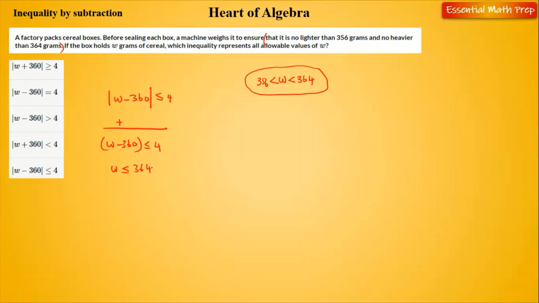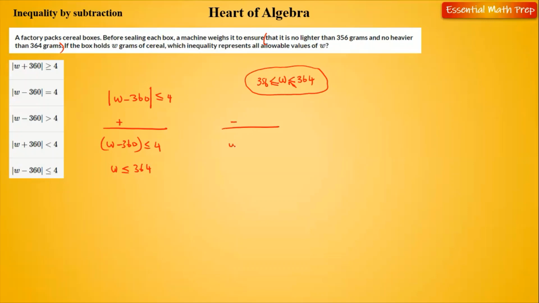So W is less than or equal to, actually, it's no heavier, which means you also want it to be equal. It can be no lighter than 356, right? That means it can be 356. Again, no heavier than 364 means it can be 364, which is why we said it's greater than or equal to, or less than or equal to. So that means W can be less than or equal to 364.